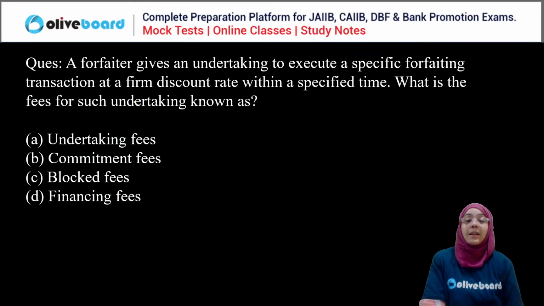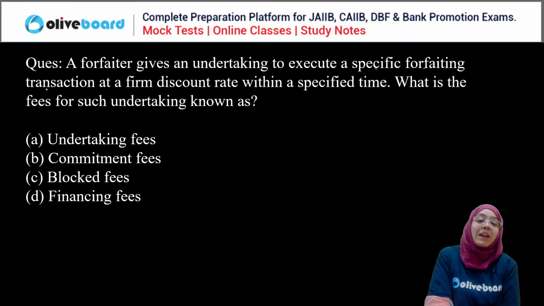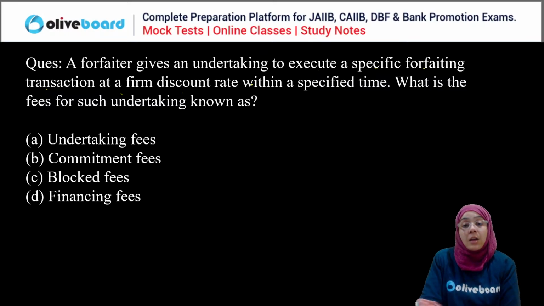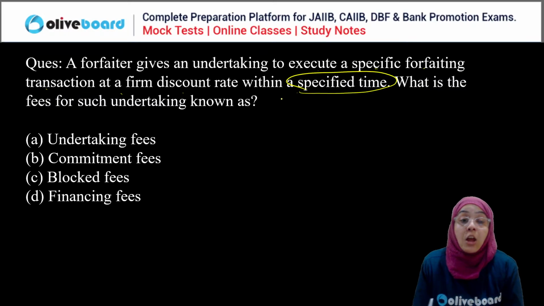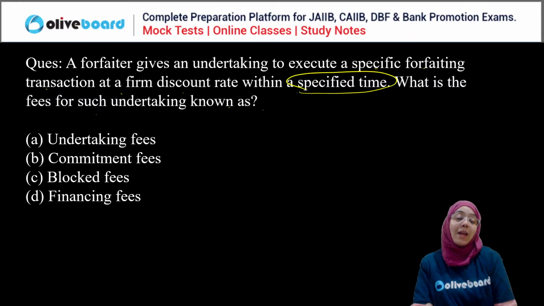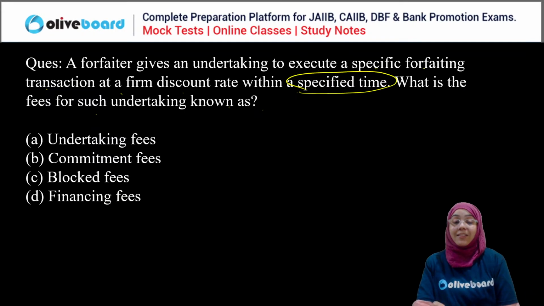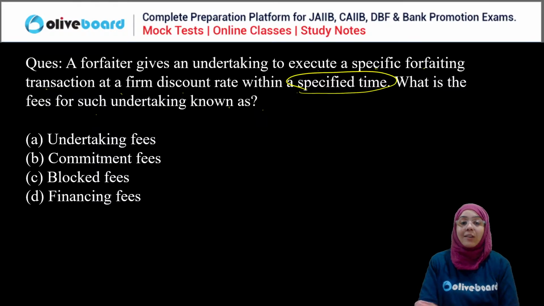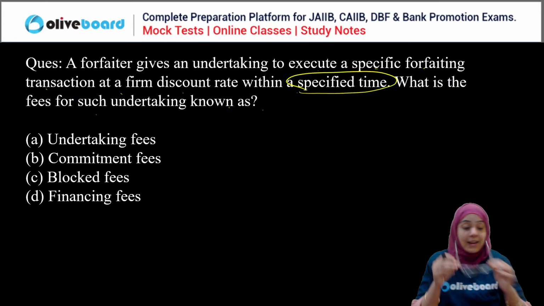Now next question. See, a forfaiter gives an undertaking to execute a specific forfeiting transaction at a firm discount rate within a specified time. Now, the fee for such an undertaking is known as: undertaking fees, commitment fees, blocked fees, or finance fees. Read out the question. Very easy question.